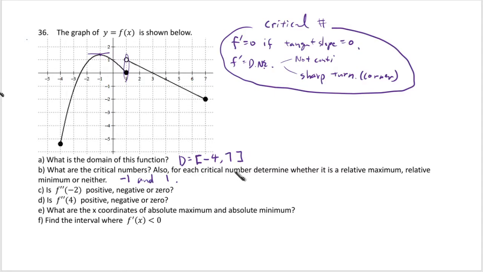For each critical number, determine whether it's a relative maximum, relative minimum, or neither. Well, this one is clearly relative max. So -1 is relative max because it's the highest point among the nearby points, right? And this one here is, well, let's try to see clearly.